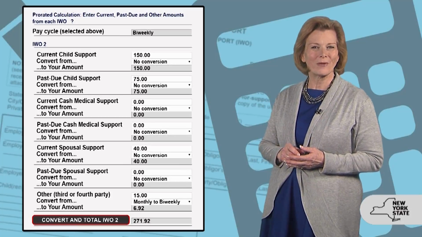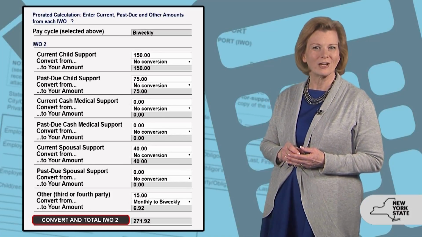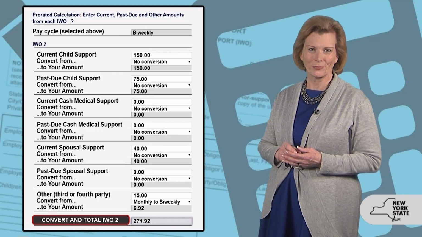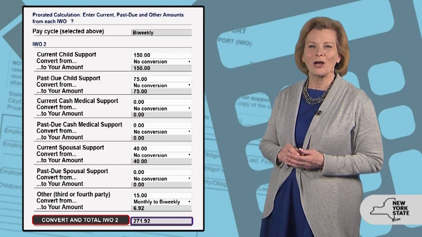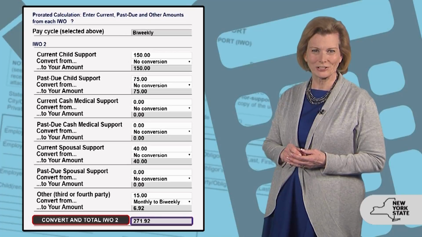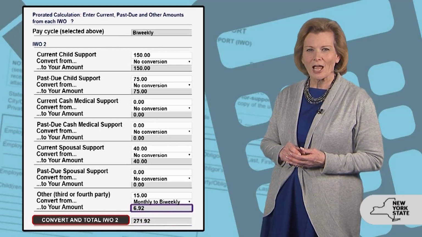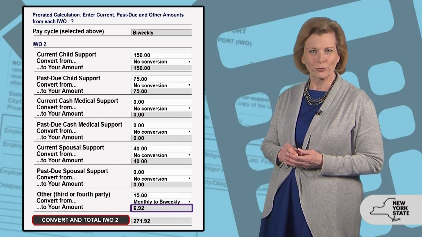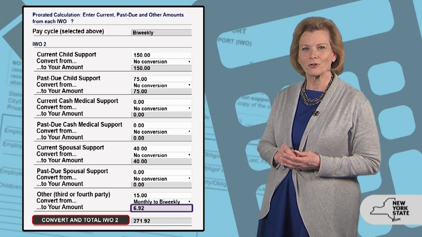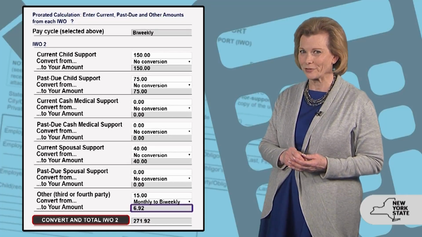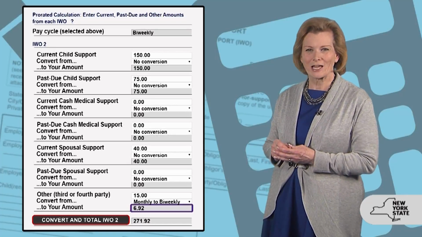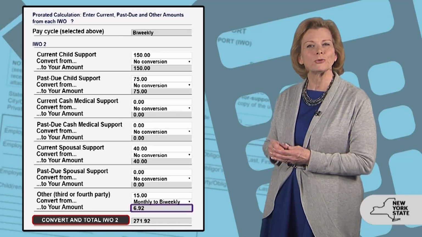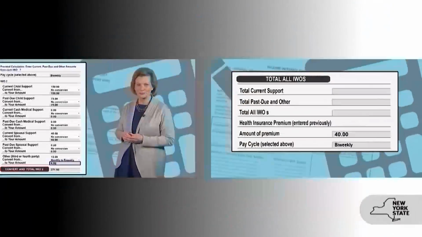This number will match the total amount to withhold on the second IWO. In our scenario, $271.92. Notice how the support amount for other third or fourth party at $15 with a payment frequency of monthly becomes $6.92 in the To Your Amount field on the calculator.